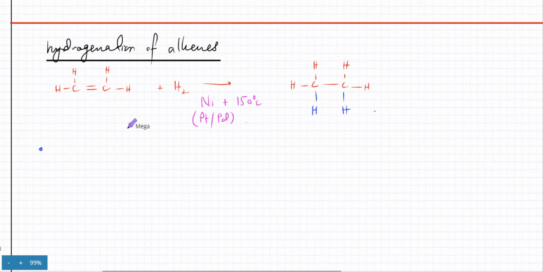What was the question again? The question was, do you know where hydrogenation was used in industry? I'll just tell you, maybe. It was used to manufacture margarine.